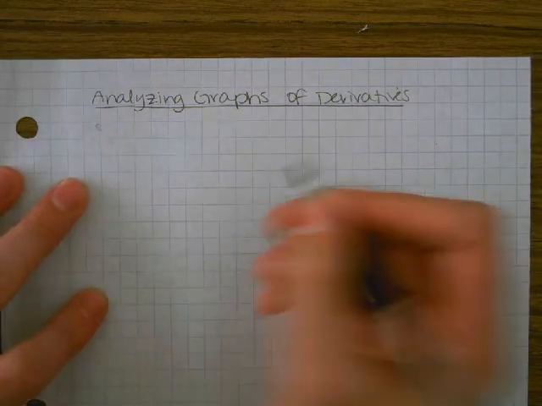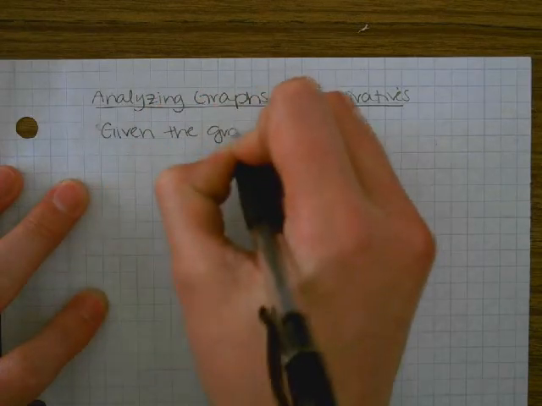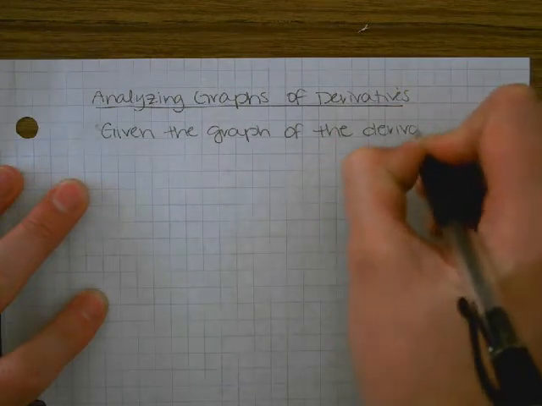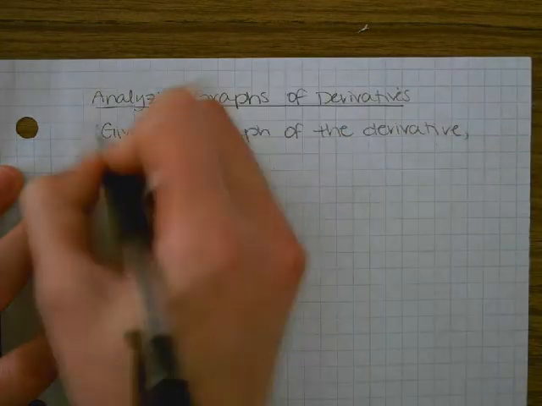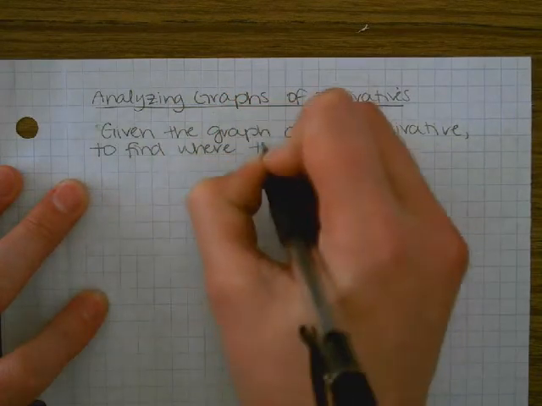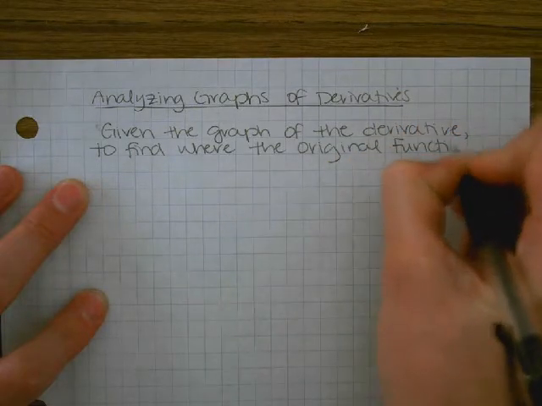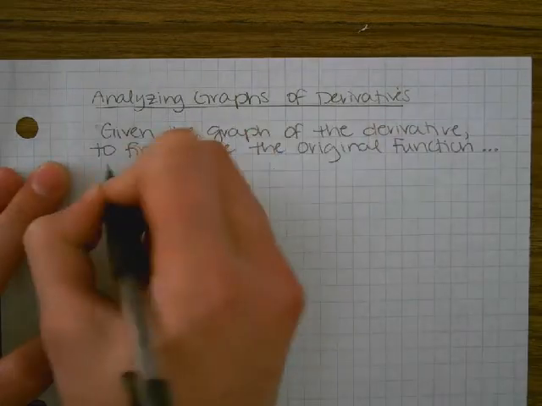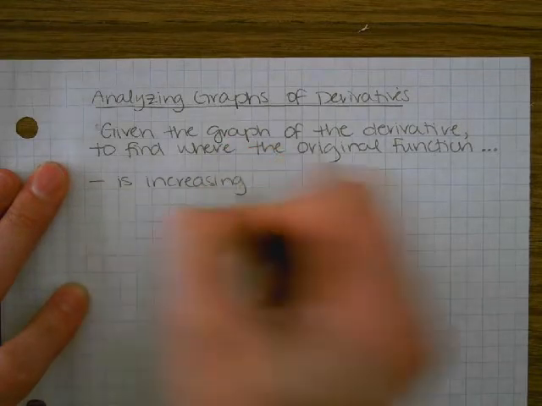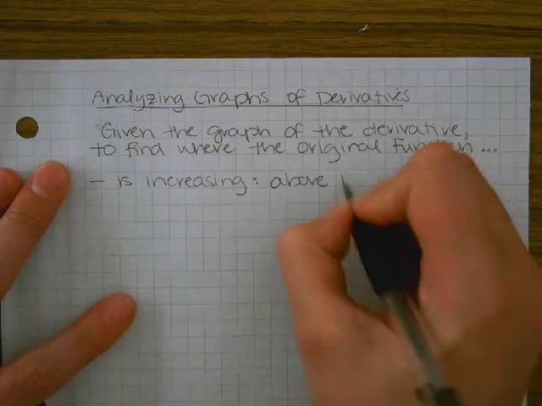Okay, so if you are given the graph of the derivative, and you need to find where the original function is increasing, this would be the part of the derivative graph that is above the x-axis.